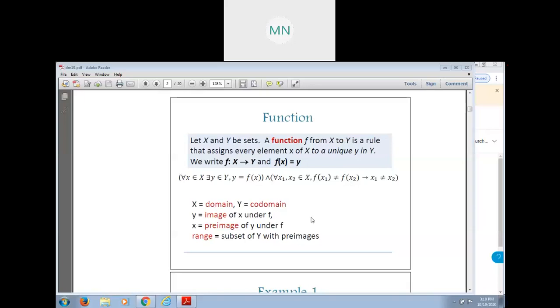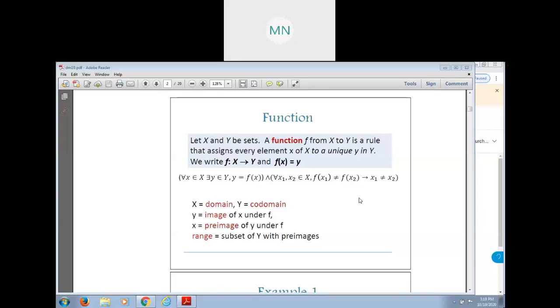But in case of relation, we consider A and B are two sets, and R is a relation from A to B. Then there is no restriction that all elements of the first set are associated with the second set.